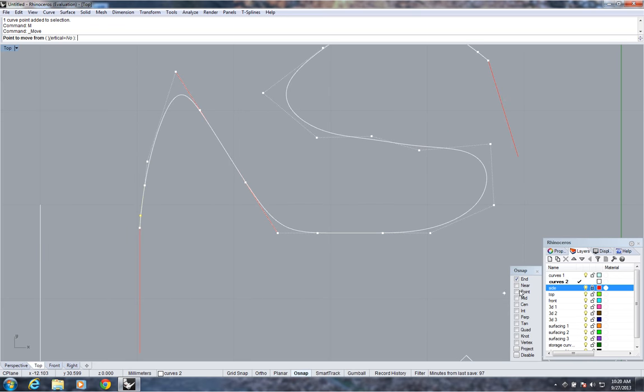This one will be quite easy because the straight line coincides with an ortho direction. So point snap, put it right on top of that point, so I know it's truly in line with it. And push it straight up and click.